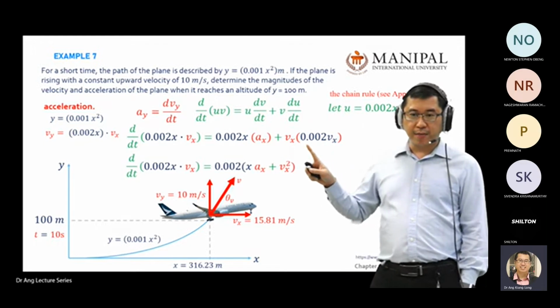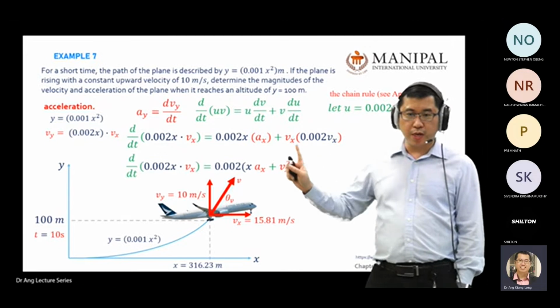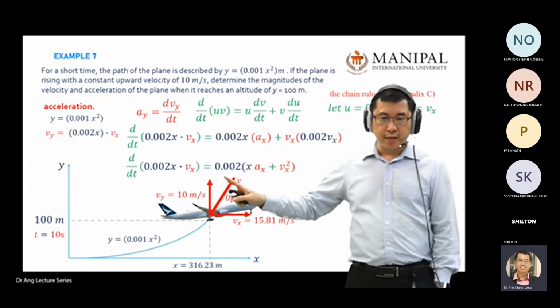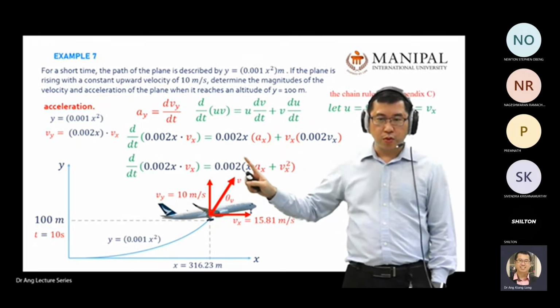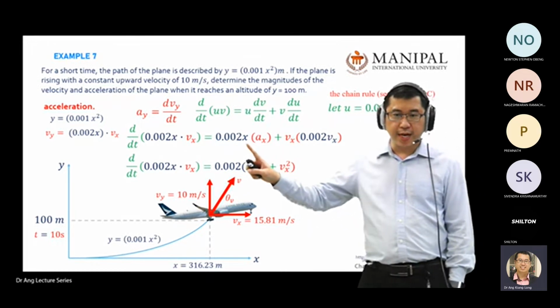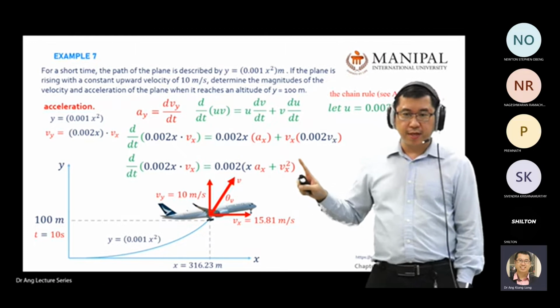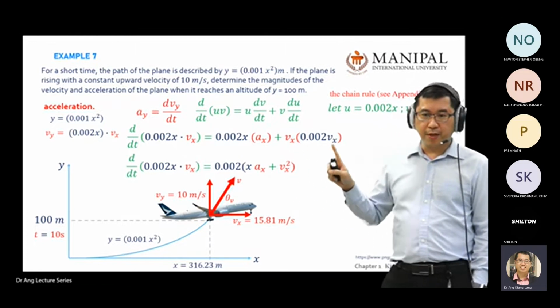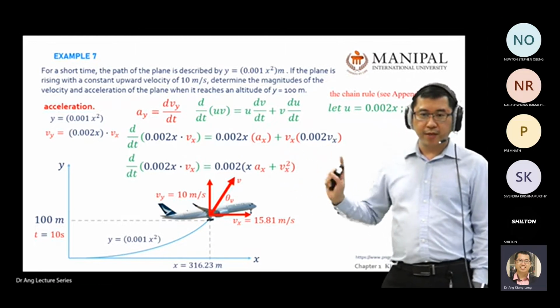You factor the 0.002 outside, both sides. You get 0.002 bracket. You factor this one out. You get x, ax, you get this one. This one multiplied by this one, you get square.